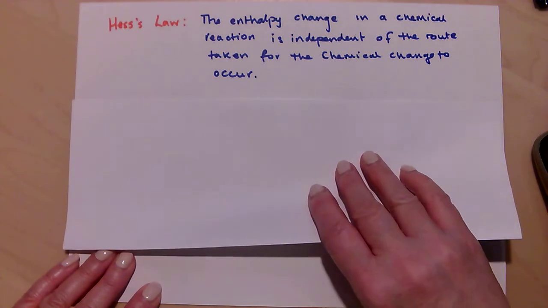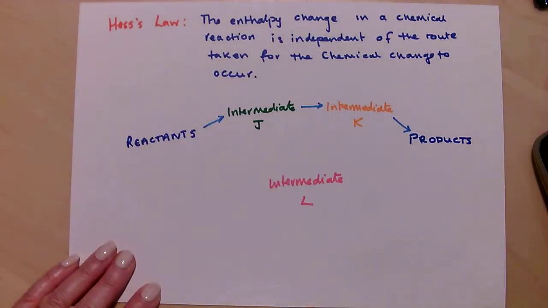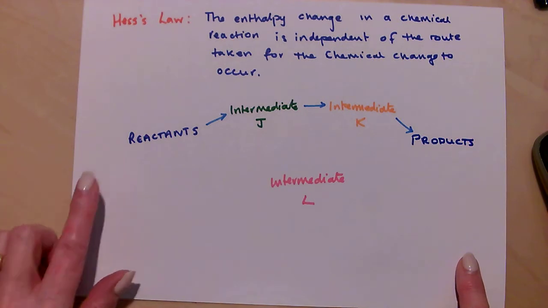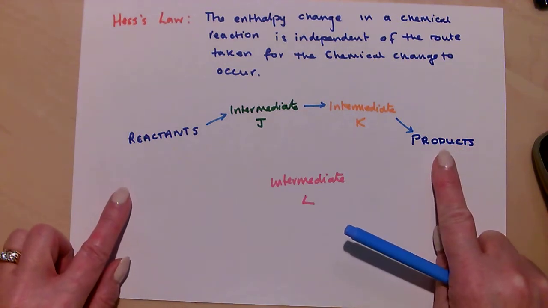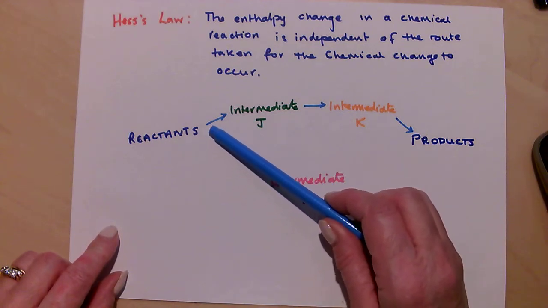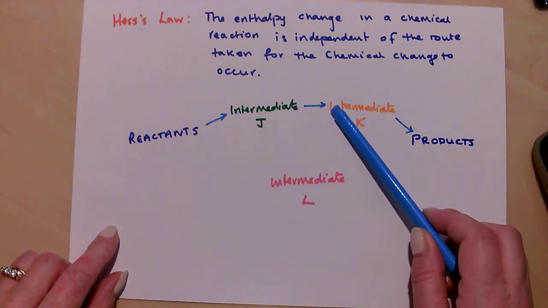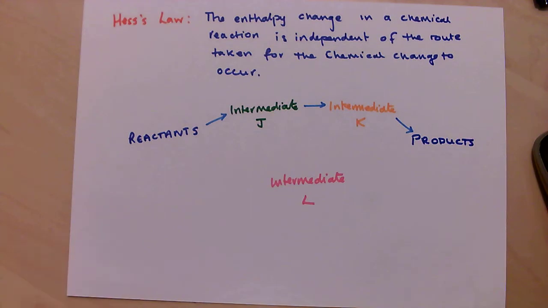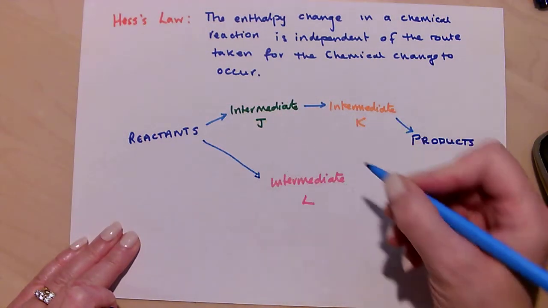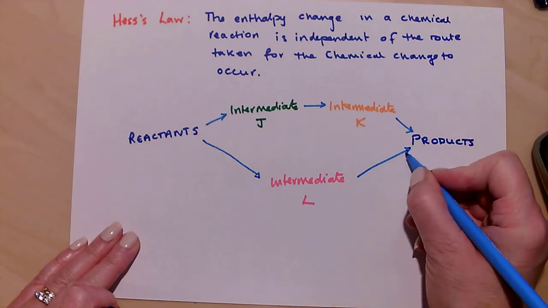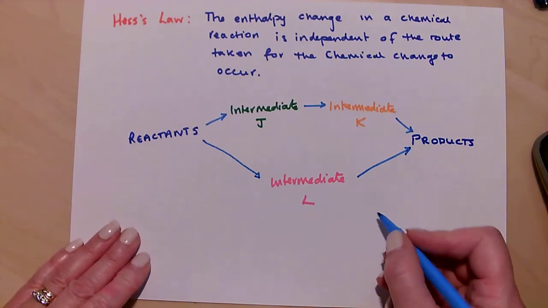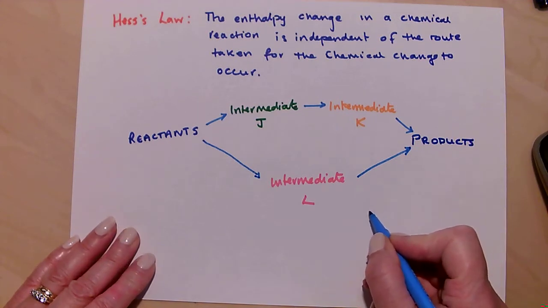So what that means in practice is here we've got reagents, our reactants here are going to go to our products here. Now they may follow a route which takes them through two intermediates to get to the product, or they might go through some other intermediate to get to this product. But the overall enthalpy change from the reactant to the product is going to be the same.